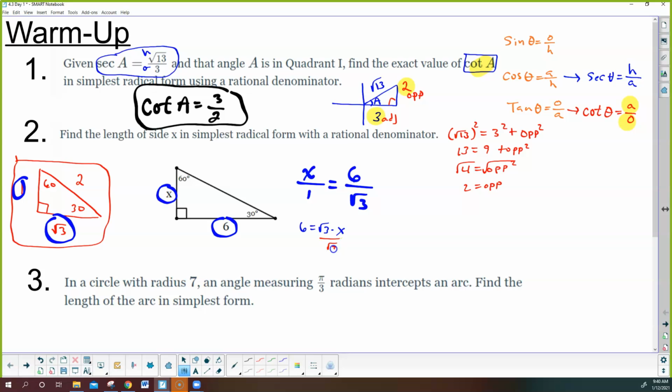So I'm going to divide both sides by the square root of 3. But notice I get this square root of 3 on the bottom, and we didn't like that, so we had to rationalize the denominator. So I'm going to multiply the top and bottom by the square root of 3. And that turns into 6 square roots of 3 up top over the square root of 3 times the square root of 3, which is the square root of 9. But the square root of 9 is 3, and then 6 divided by 3 is 2.